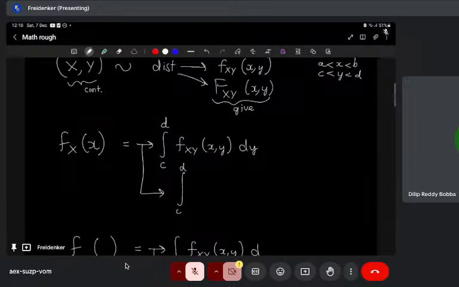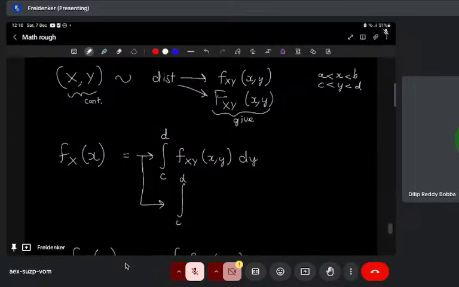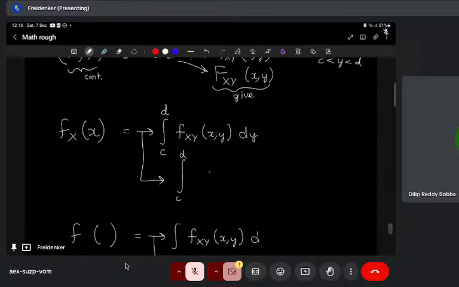Now, with respect to what will you differentiate? With respect to x or with respect to y? That's a good question, no? So it's like dou by dou something, x or y, of F of x comma y, dy. So here what will come? Will x come or will y come?